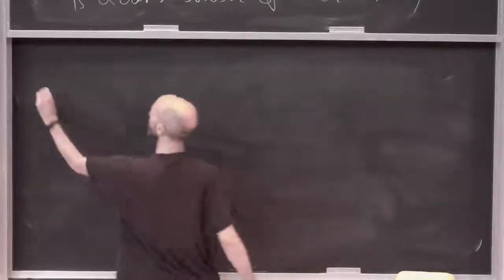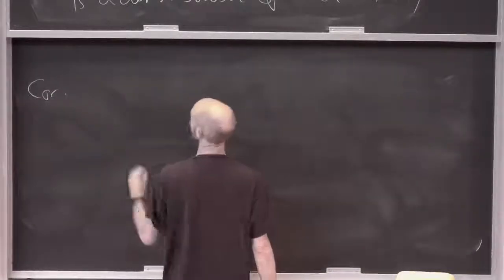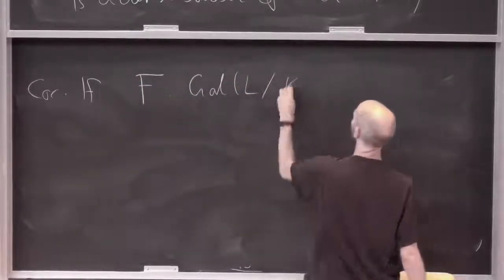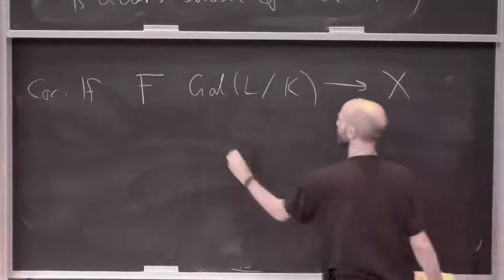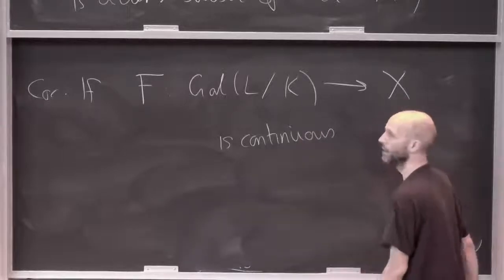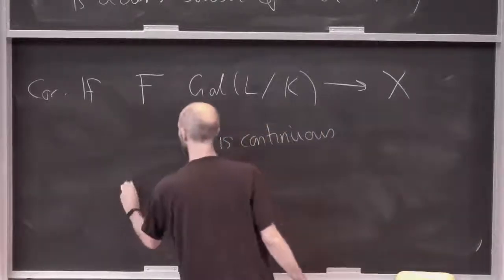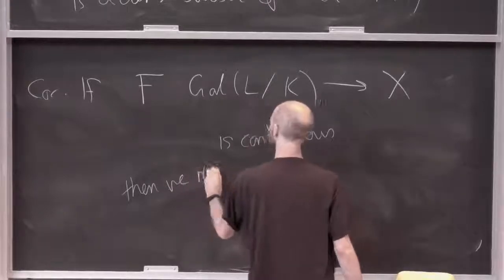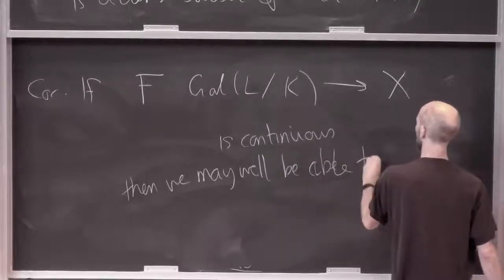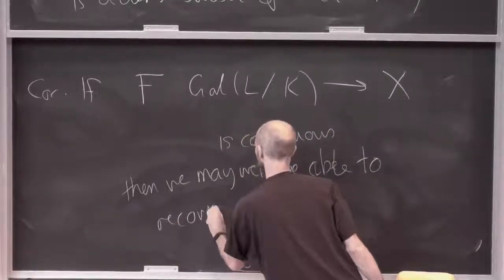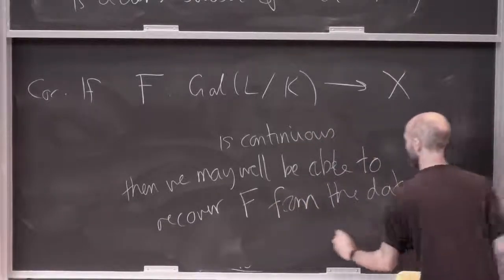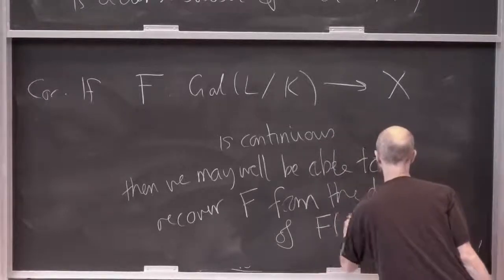So you see a corollary is, if I've got some map f from Gal(L/K) to X that is continuous, right, then we may well be able to recover f from the data of f(Frob_𝔭).